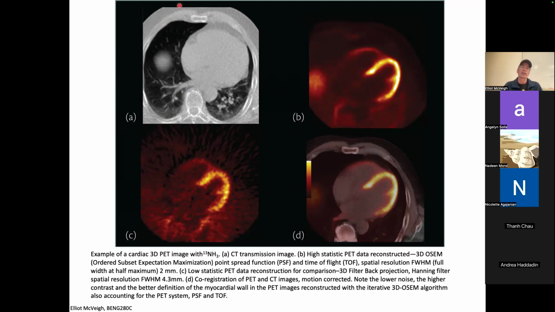Or a line of response like this. Say I have an event right here. This line of response isn't going to have a lot of attenuation, right? Because it's flying through the lungs. So that's going to have a higher hit rate than the one that goes this way through all that stuff. So that's how you have to normalize that.